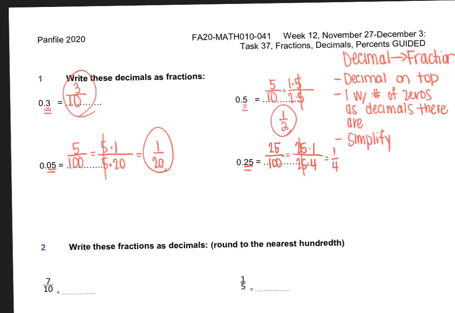Now, even if you didn't remember, say you didn't get that it was 25 times 4 straight off the bat, you could rewrite the top as 5 times 5, and then you could rewrite the bottom as 5 times 20. Those 5s cancel out, but then you have to say to yourself, am I done? No, so this would be 5 times 1, and this would be 5 times 4. The 5s cancel out again and give you that 1/4. So you can do it in multiple steps. Just make sure you do it.